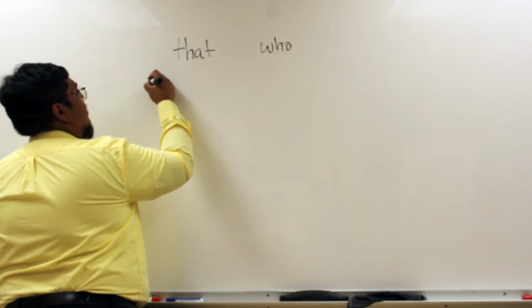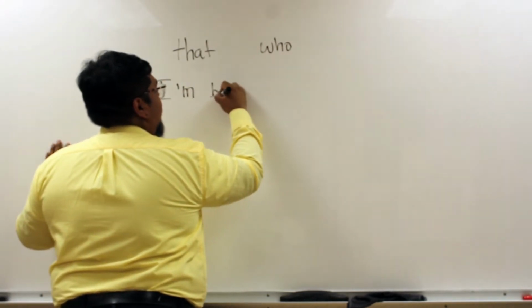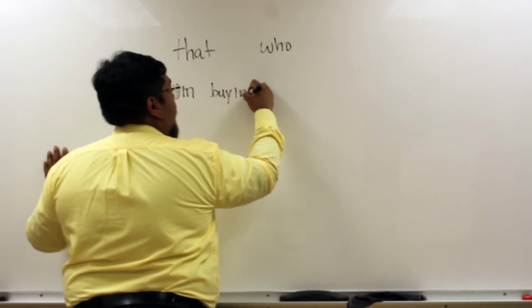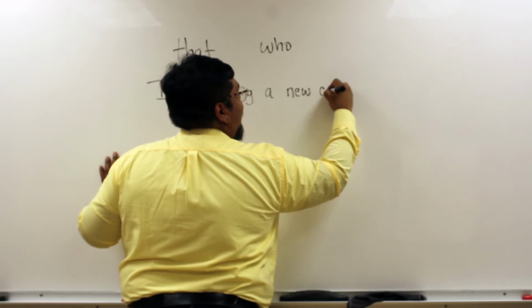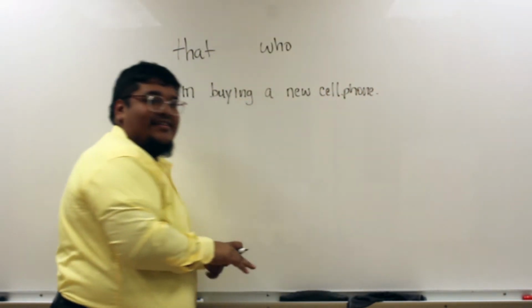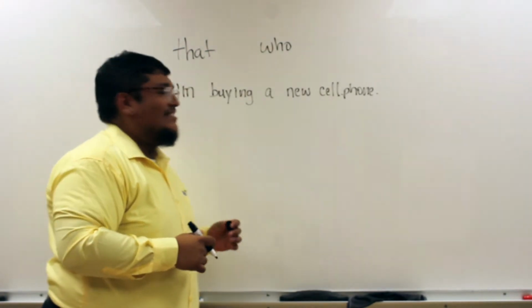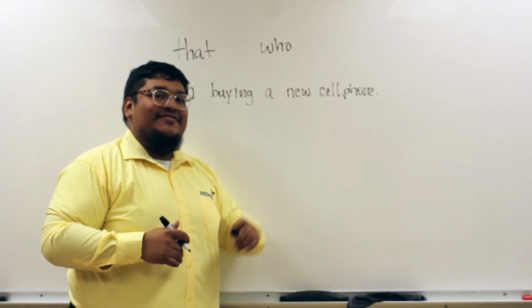Let's say, I'm buying a new cell phone. Wow. Don't think I'm rich. I really don't have this much money for a house and a cell phone. But I'm buying a new cell phone.